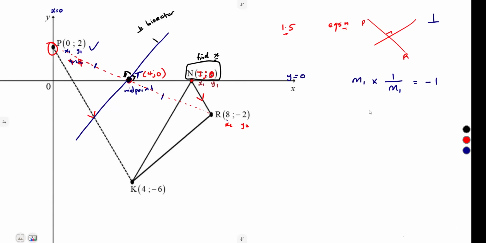What I am simply saying is that if one gradient is given as -3, then the other one, its reciprocal, is the gradient of the other line. It will be -1 over 3. This is your reciprocal, which you are going to use with a negative.